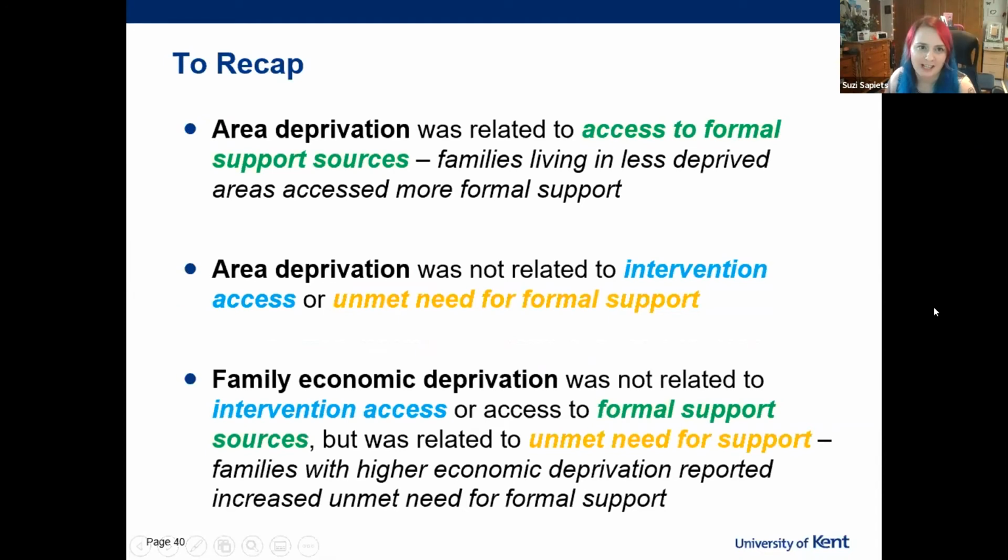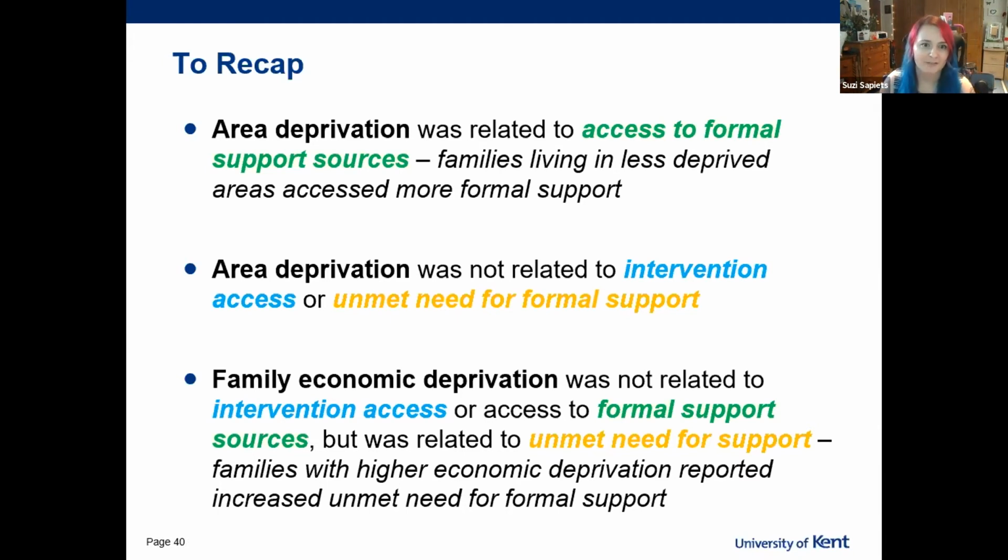Okay, so just to recap, in summary, we found that area deprivation was related to access to formal support sources, with families living in less deprived areas accessing more formal support. But area deprivation was not related to intervention access or unmet need for formal support.